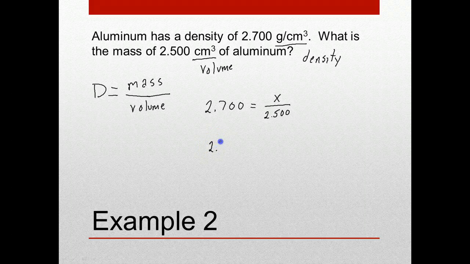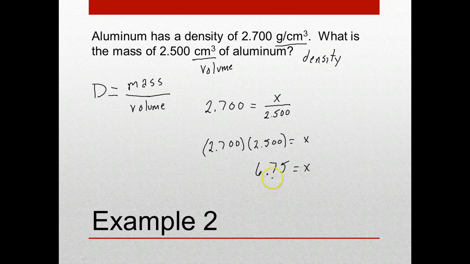So you'll have 2.700 times 2.500 equals x. Now get out your calculator and say 2.700 times 2.500, and that gives you an answer of 6.75.